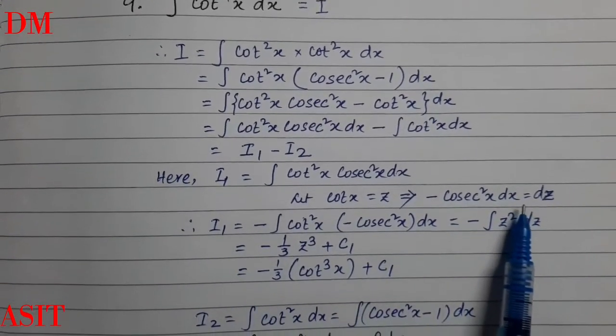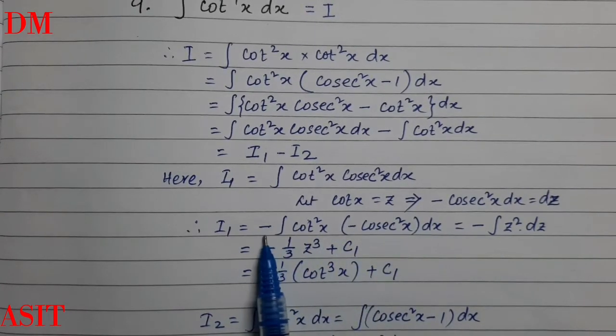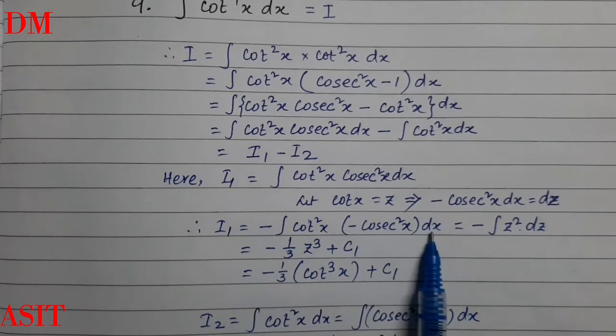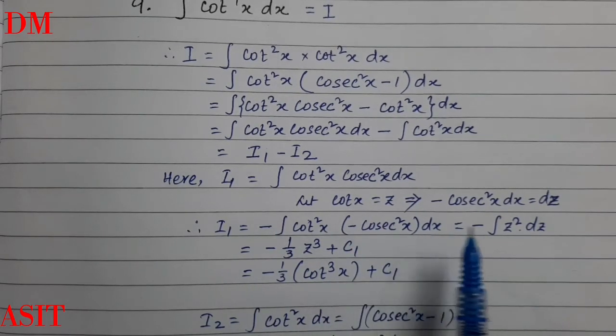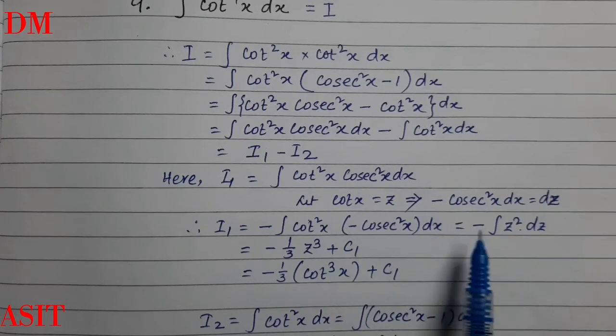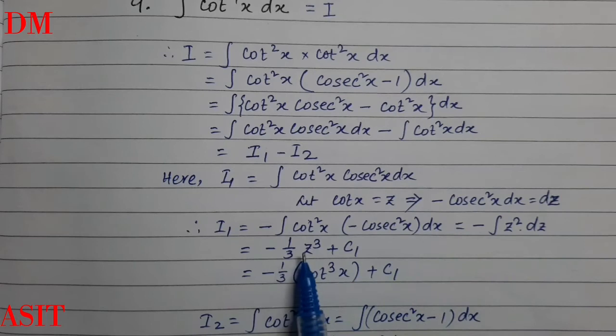So we need a minus, so we multiply and divide by minus, giving minus cosecant square x dx. Now minus cosecant square x dx will be dz, and cot x is z, so cot square x will be z square. So it becomes minus integration of z square dz, which is minus z cube by 3.